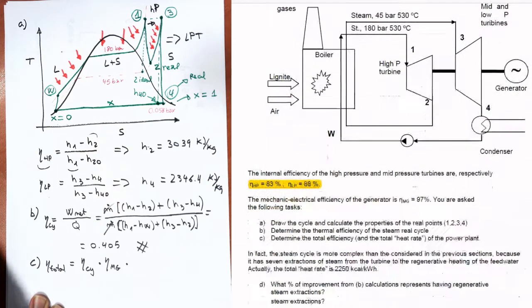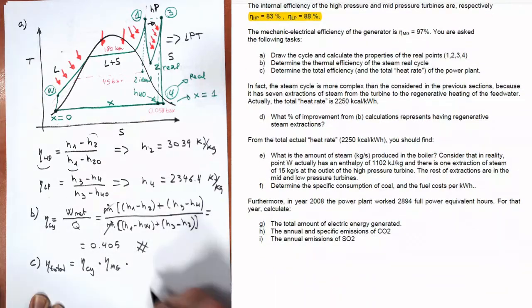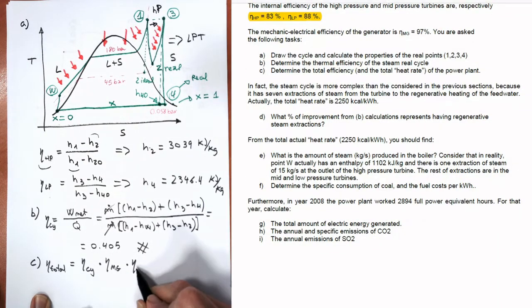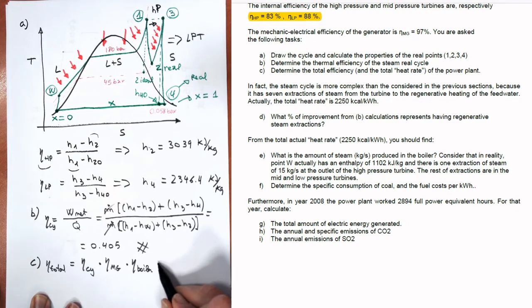So actually here we need to put the boiler efficiency, and that's our total efficiency, 0.36. It also asks for the heat rate.